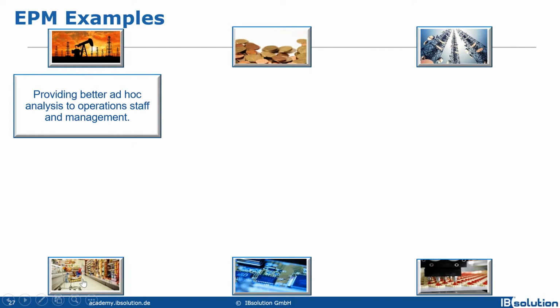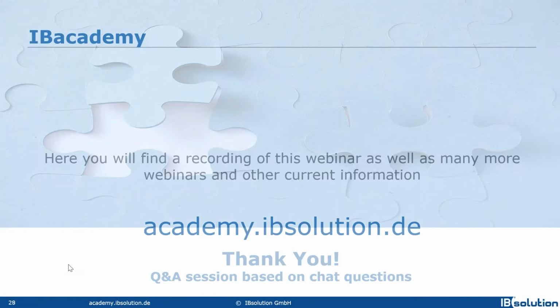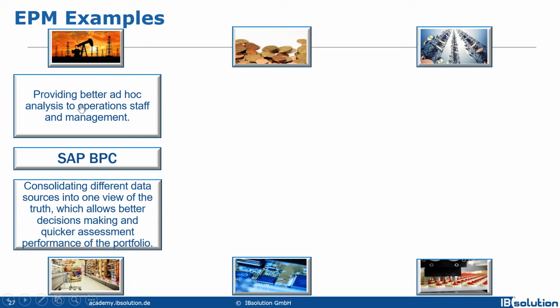A retail company benefited from consolidating the data from different sources, was provided with one view of the truth, and they were able to make better decisions for the future, for their forecasts, and for their associates and subsidiaries. And probably it is obvious that this is BPC.